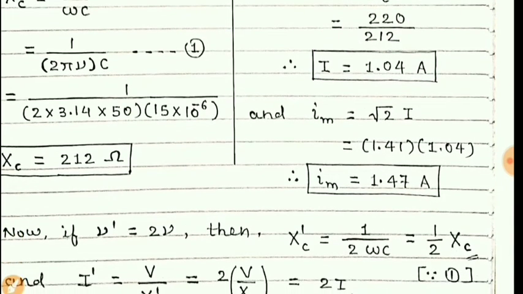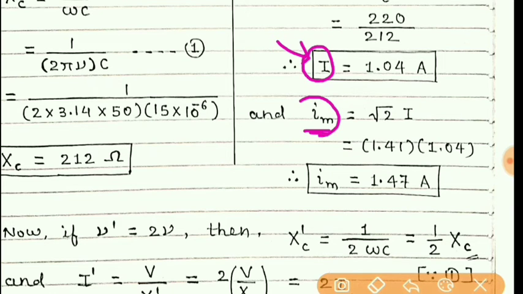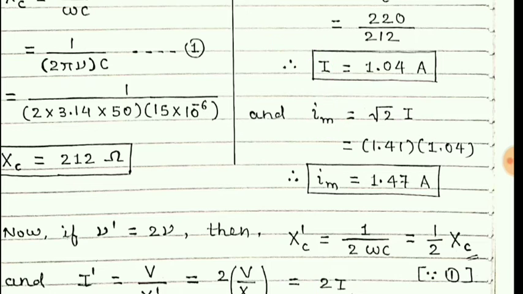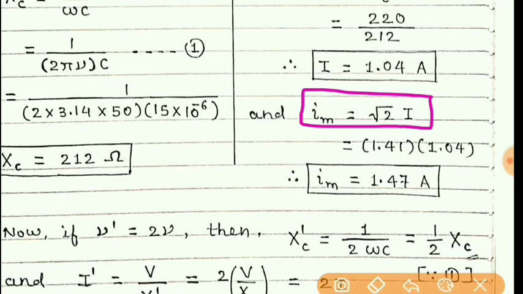Then, the maximum value of current. Students, this is the RMS value, that is root mean square, and the relation of I and Im is given by this equation. This we have studied, because we know that I RMS is maximum value upon root 2.